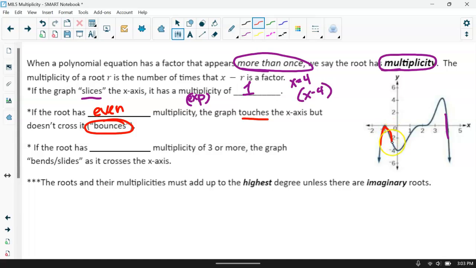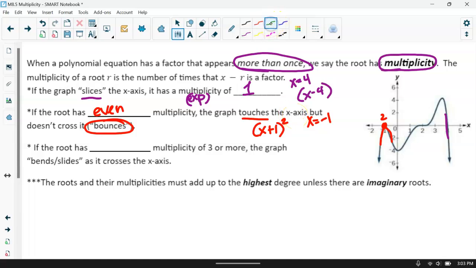It bounces back down. So that means here at x is equal to -1, that root has a multiplicity of 2. So we would write this in the equation format as x plus 1 to the second power, because again, we're focusing on a multiplicity of 2.